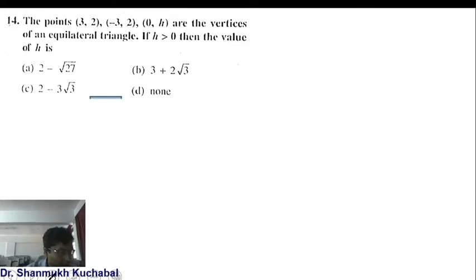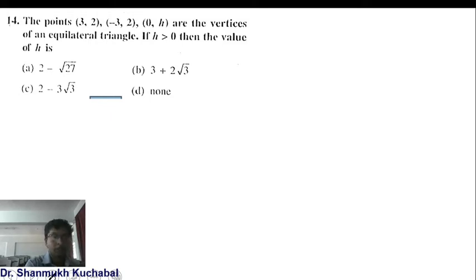Now we'll do the 14th example. The question is: the points (3, 2), (-3, 2), (0, h) are the vertices of an equilateral triangle. If h is greater than 0, then we have to calculate the value of h.